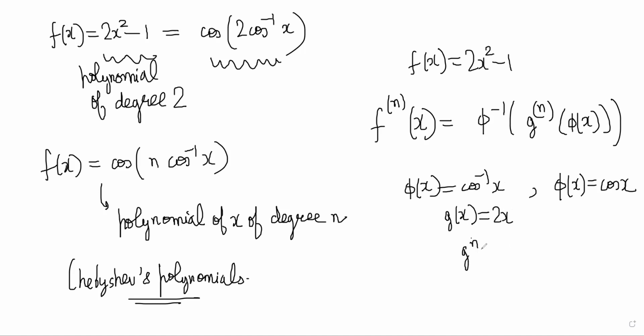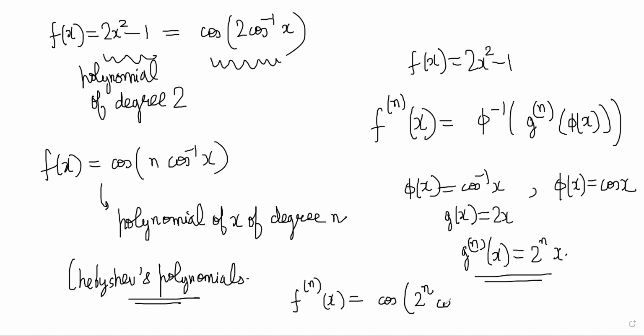Therefore, g^n of x was equal to 2^n x from the previous problem. So we eventually got that f^n of x became equal to cos of 2^n cos inverse of x, which will be a polynomial of degree 2^n, right? According to this statement. So that is an interesting problem, and this is the second method that I wanted you to know, which is the bridge function method.